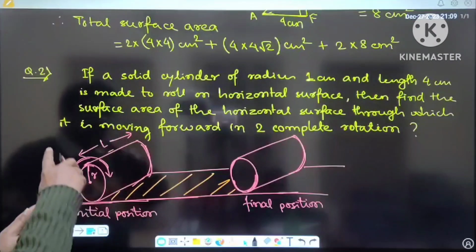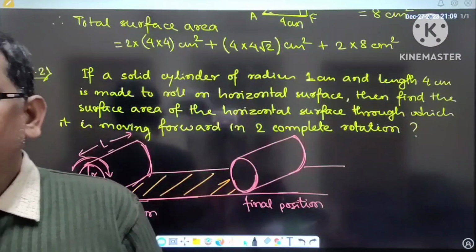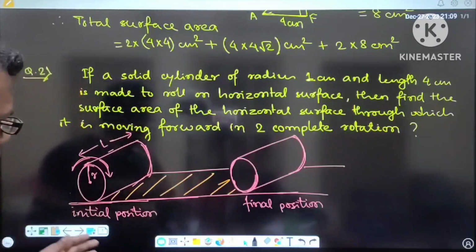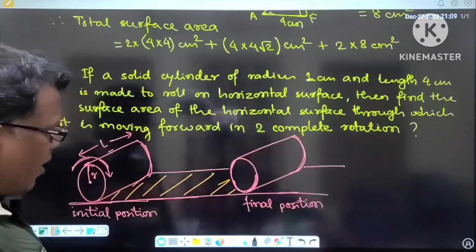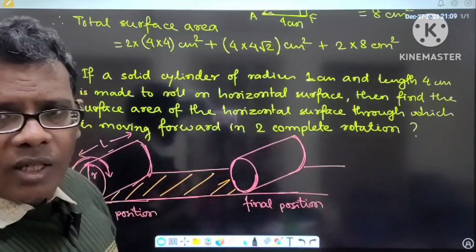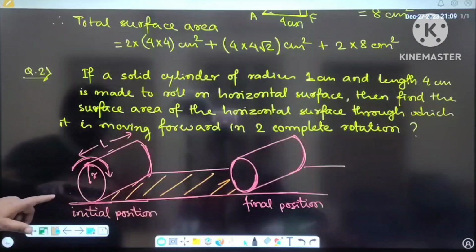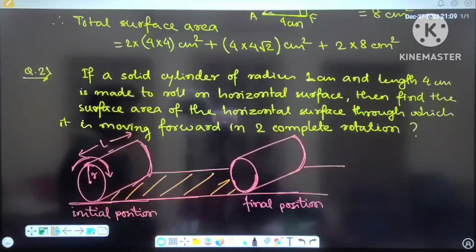So I want to know, once the cylinder completes its two rotations, then during the process of rolling it will keep on moving on the horizontal surface. So this is the horizontal surface through which it will move after completing two rotations.